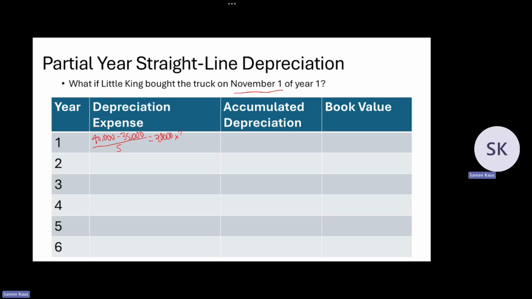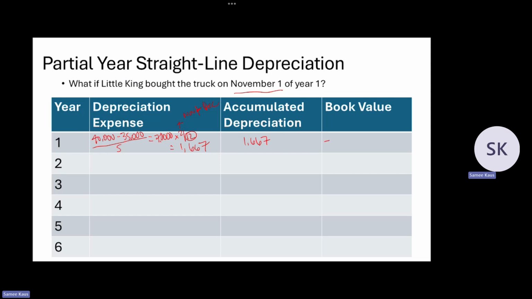Now I'm going to multiply it by the amount of months that I use it. So November through December out of my total 12 months in a year. Well, now that's going to give me 1,667 of depreciation expense in year 1. So that's going to equal my same accumulated depreciation.